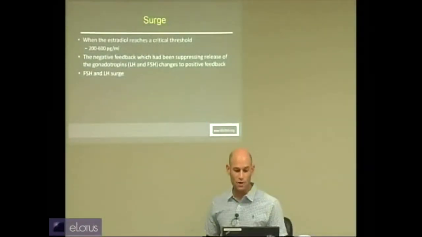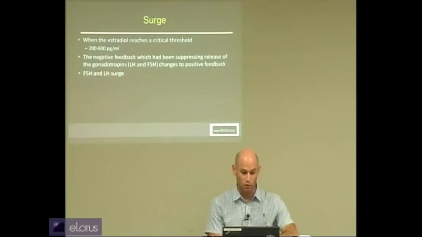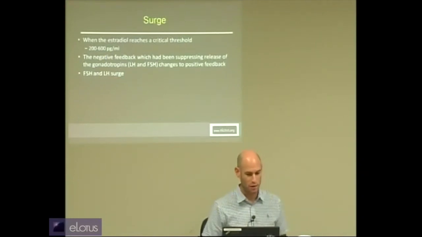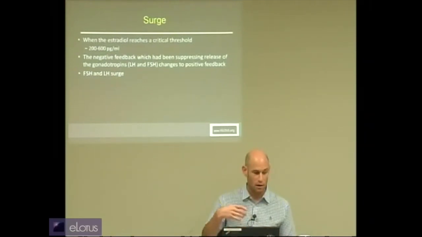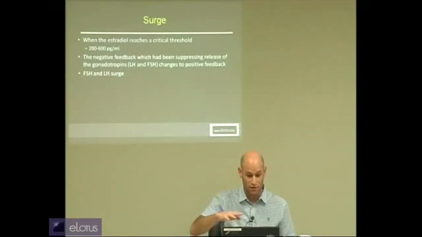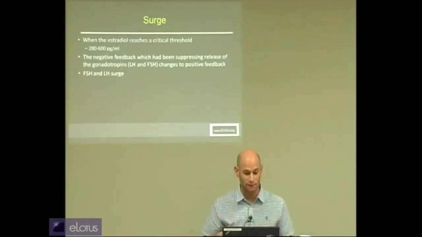When the estrogen reaches a specific critical threshold, somewhere between 200 and 600 picograms per milliliter, negative feedback changes. Remember, the estrogen has been suppressing the FSH level. We call that negative feedback.